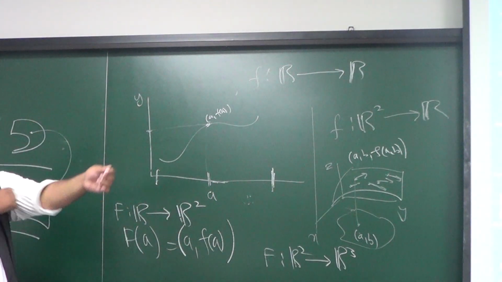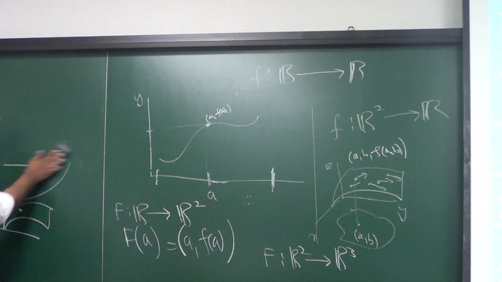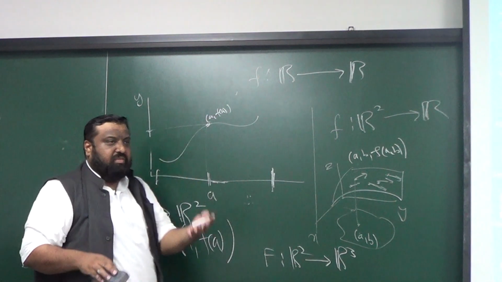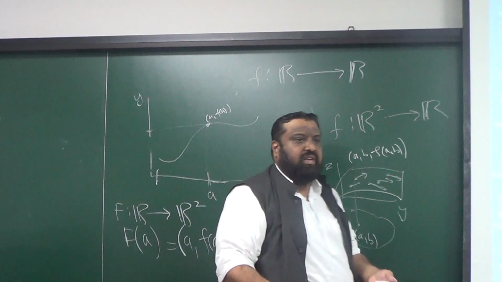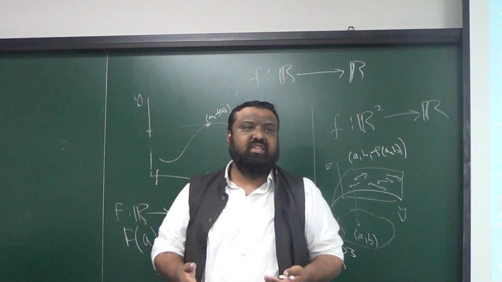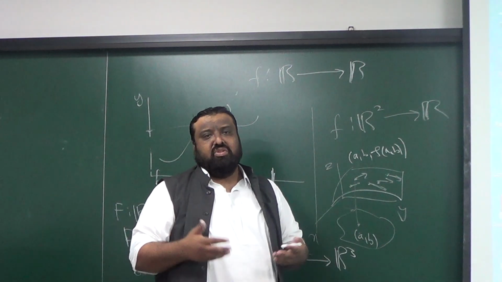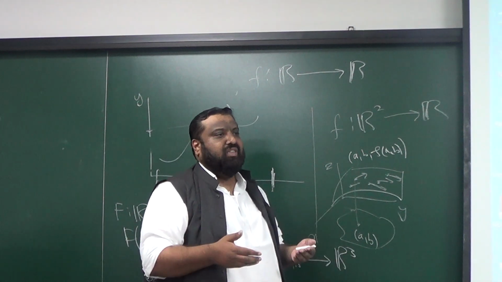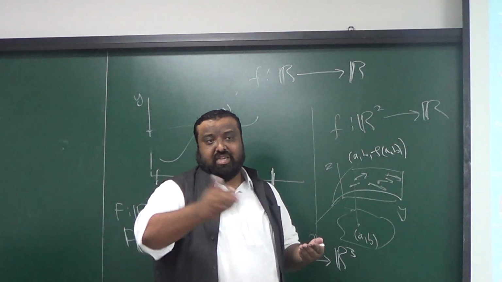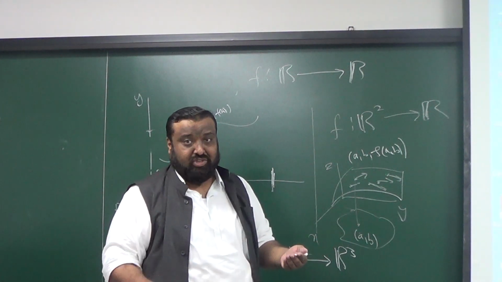Now I would like to talk about limits, how to define limits. We defined limits in one dimension, and now I would like to extend that idea and define the limit in higher dimensions. In other words, how to compute the limit of a function when f is not a map from R to R, but from Rn to Rm, where n and m are your choice.